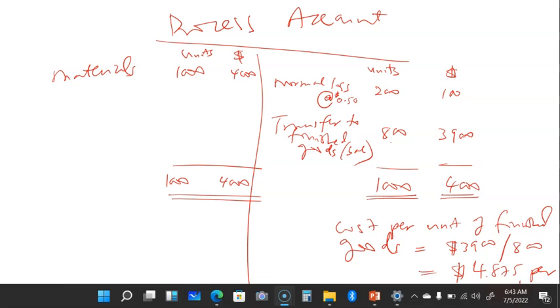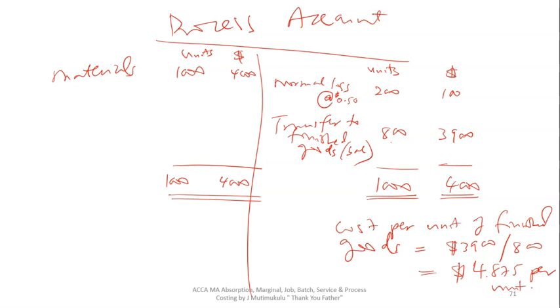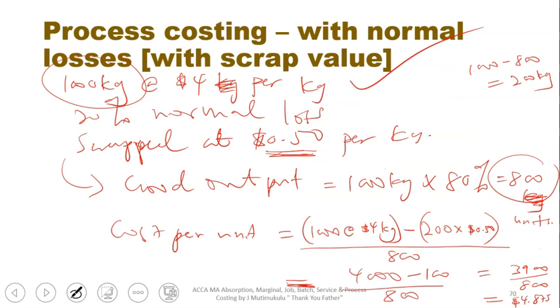Okay, so our case becomes interesting, where on top of expecting some normal loss, we end up having extra loss, which we call an abnormal loss. Or we end up producing more quantities, although we were expecting some loss. Then in that case, we'll be having an abnormal gain.